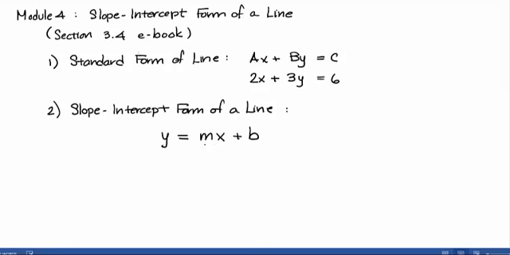So the m, as we did in our last section, is our slope. Then b is called the y-intercept. It's where the line crosses the y-axis, and that has coordinate 0 and whatever b is.